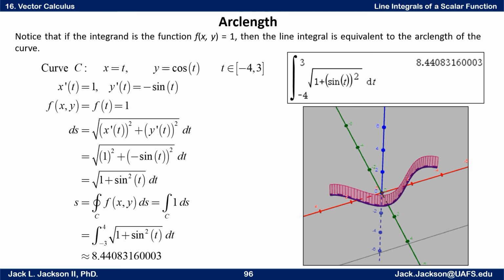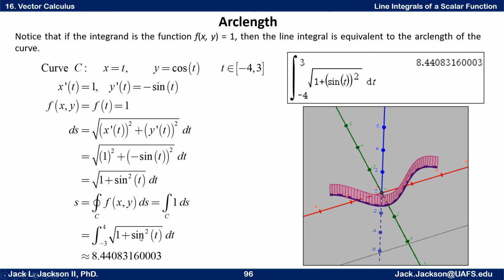Since the height is 1, that integral becomes just the length. So arc length is just the integral of that ds. It's a line integral as well. And so we just have a line integral of the function 1 ds. And this is exactly how we did arc length when we did these sorts of things before.